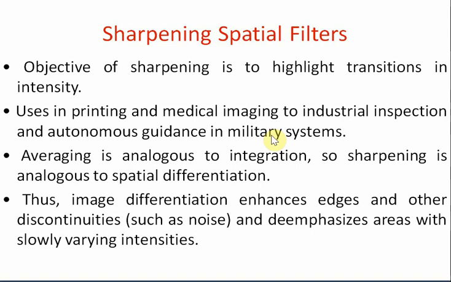If it is a gas pipe, maybe that tiny hole leaks certain gas. So to inspect those materials, we may use these types of image processing techniques, and in that we may use sharpening spatial filtering techniques.